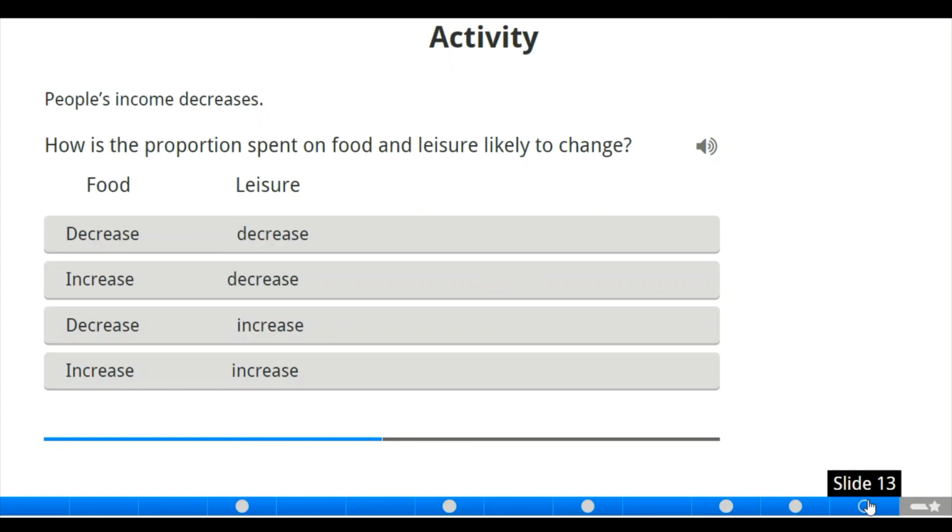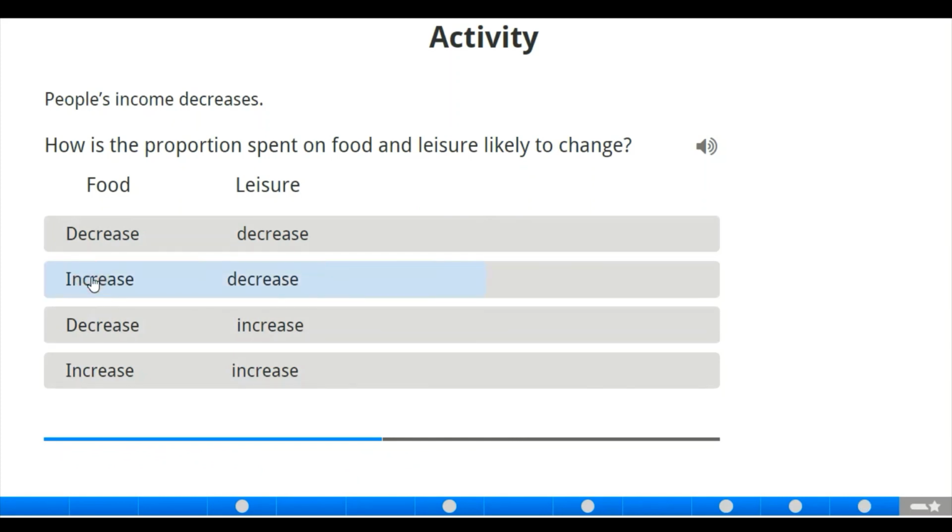Of course, the proportion spent on food will increase while leisure is going to reduce. Why? Because food is important to human beings. There is no person that can do without food. Now let us check the answer. Food will increase while leisure will decrease. I think the option is option number 2.